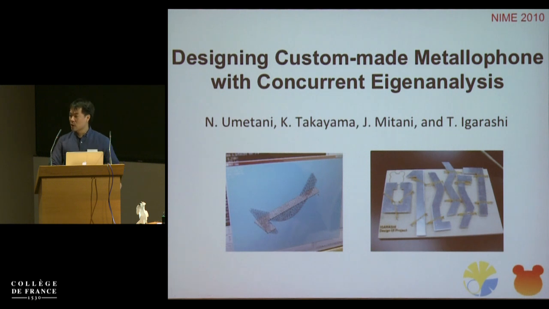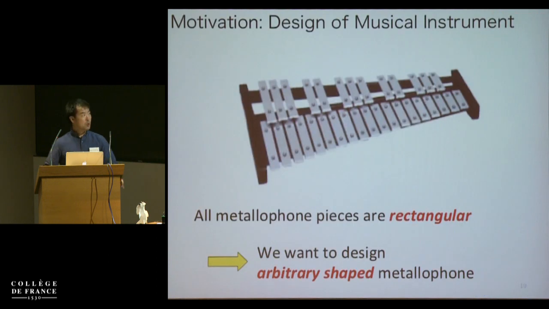Another example of integration of design and simulation is musical instrument design. The motivation is that musicians also usually want to express themselves with the shape of a musical instrument, but acoustic musical instruments especially are usually boring.